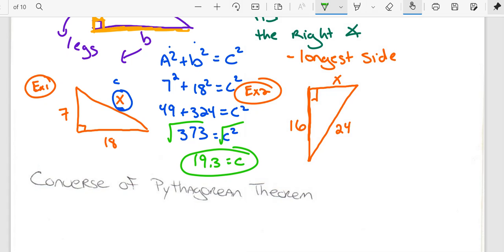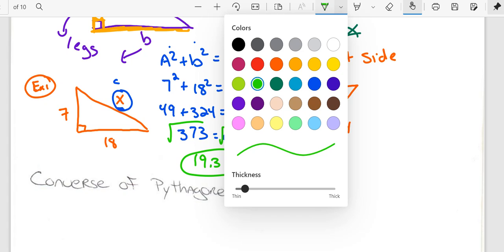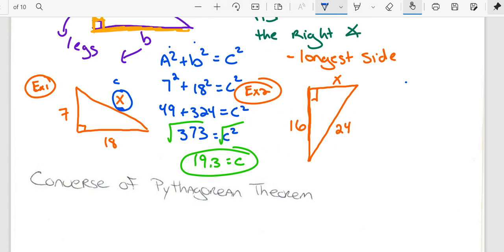All right, so let's move on to the next problem, number 2 here. For this one, we want to figure out x. So again, the first thing you want to do is determine whether that is a leg or the hypotenuse. For 2, this is a leg. Being that it's a leg, it doesn't matter whether we plug in for A or B. The legs are interchangeable.